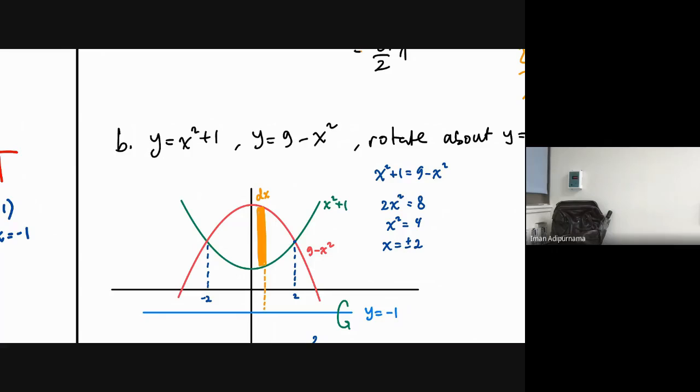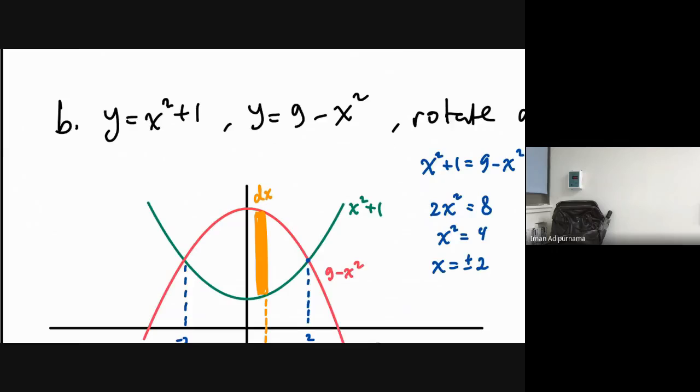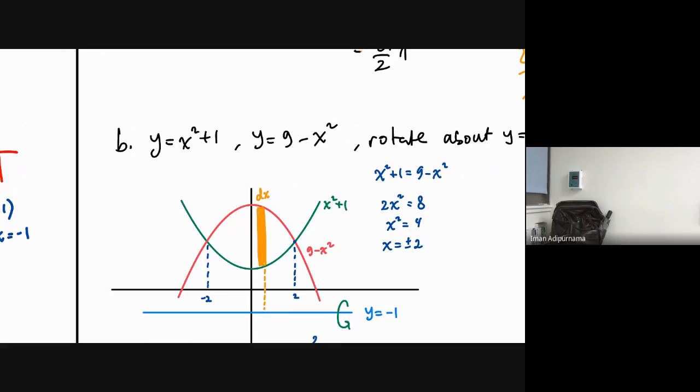You may see this is -1, but when we are looking at the radius, we can just use the absolute value of that -1. So this is 1, the length. And this is 9 minus x squared, so plus 1 is 10 minus x squared. That's the length. You just calculate directly.